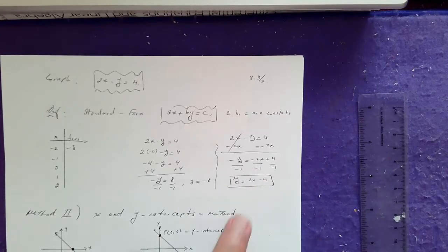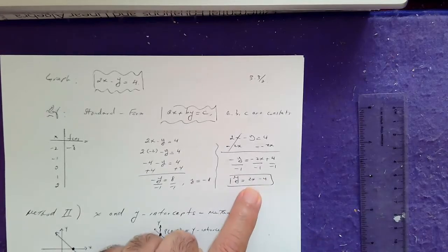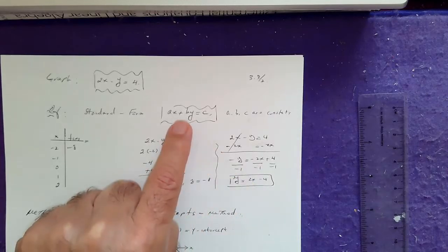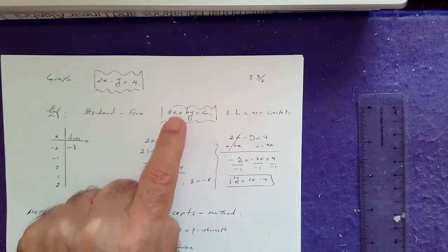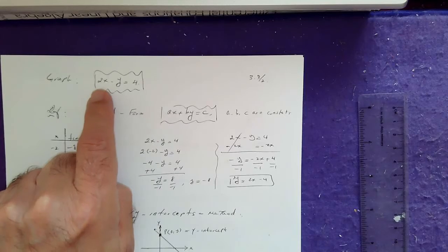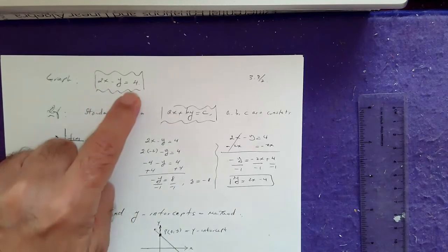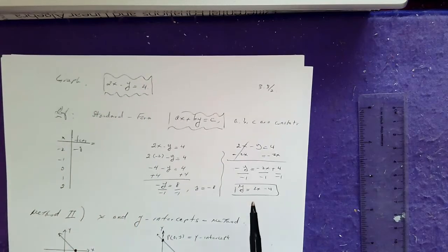Or you could use this equation, okay? This guy is called slope-intercept form. This guy is called standard form. So a standard form is when the x's and y's are on one side, the number is on the other side. Whereas if y is all by itself on one side, that's called slope-intercept form. We're going to get to that in a minute.